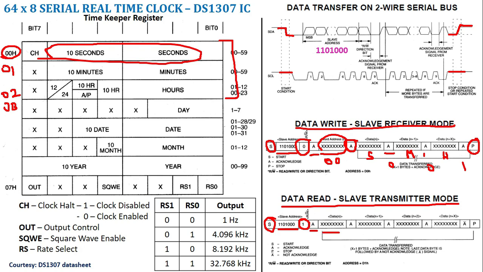The slave will put the first byte, then an acknowledgement, second byte, acknowledgement. Like that it goes on. When it puts the last byte onto the bus, we will have a not acknowledgement. So here the acknowledgement will be 0, 0, 0, and for the final data it will be 1, and then we will have a stop bit. That is how the data is read from a slave.